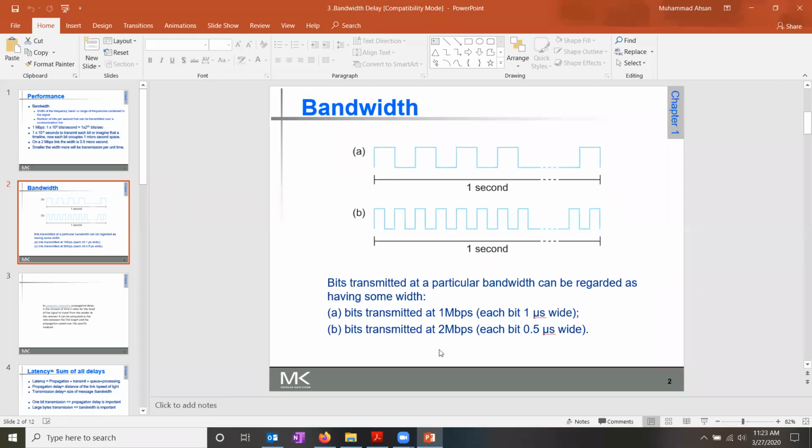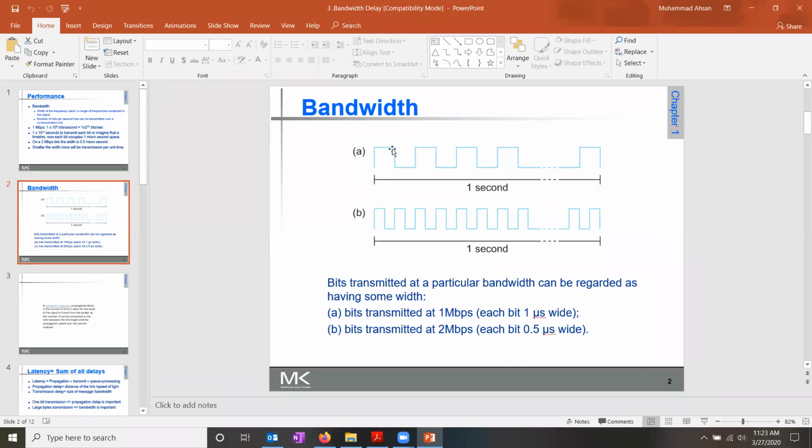But when we increase the data rate to 2 megabits per second, you see that now we have 2 bits instead of 1 bit time. When the data rate was 1 megabit per second, you saw only this one slab. But when we increase the data rate to 2 megabits per second, now we can have 2 bits, 1 and 0.